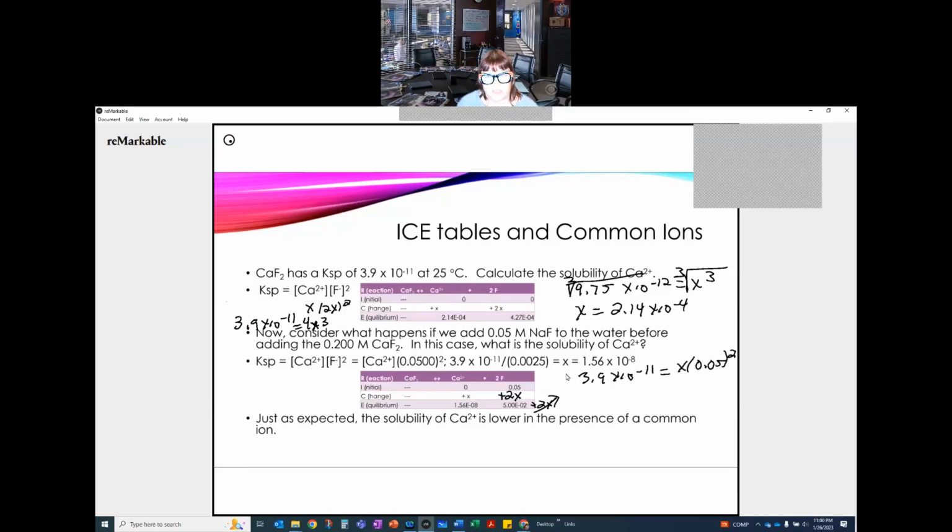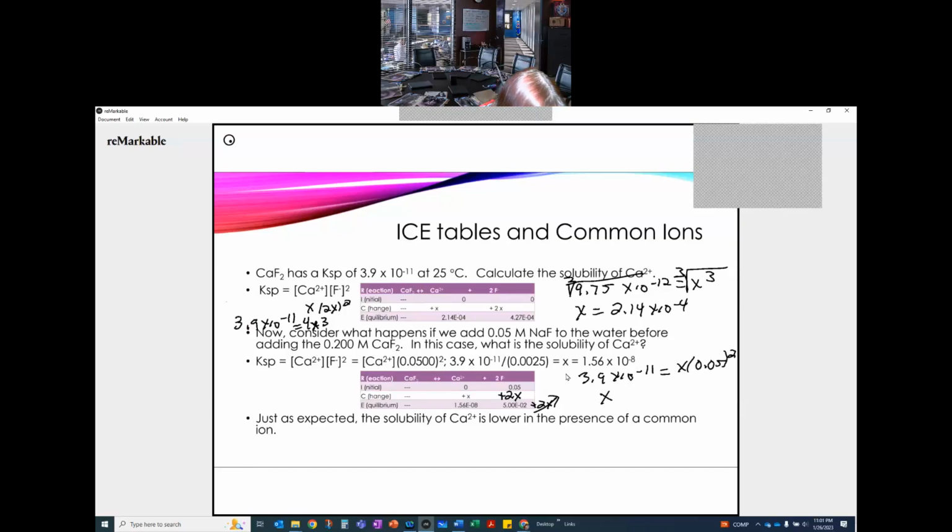Now that F minus concentration is fixed, and it's fixed by where I got it from, that NaF. So it's not related to the x that we're talking about for the other thing, because they aren't related in any way, shape, or form. To solve for this, I take 3.9 times 10 to the minus 11th and divide that by 0.05 squared.